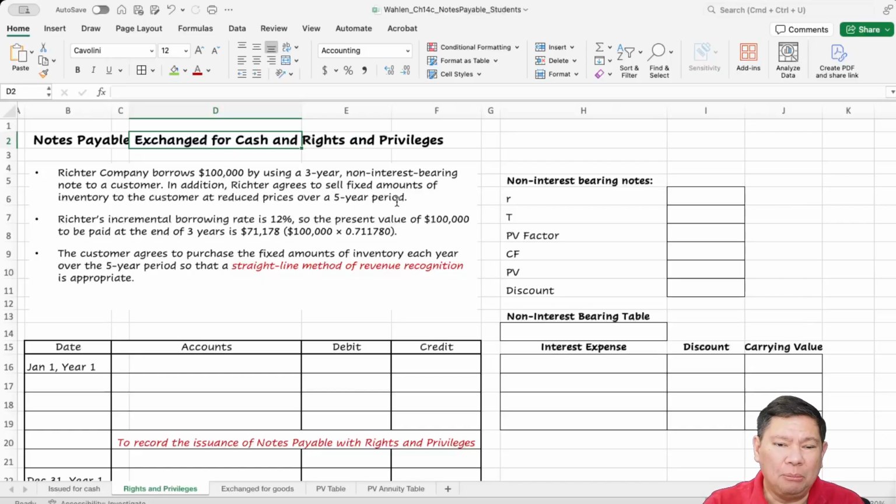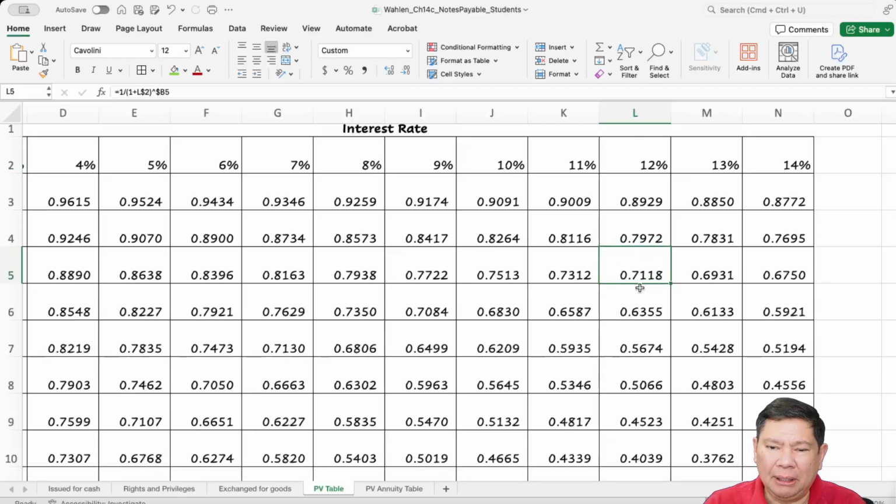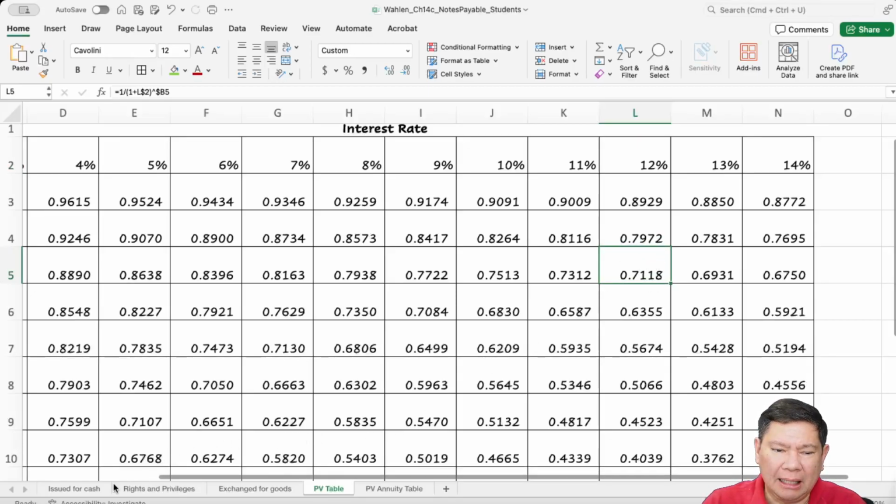Richter's incremental borrowing rate is 12%. So if the borrowing rate is known, we're going to use that to discount it. So the present value of 100,000 to be paid at the end of 3 years is 71,178. If we go to the present value table, we find 12% and 3 years, we get 0.7118.